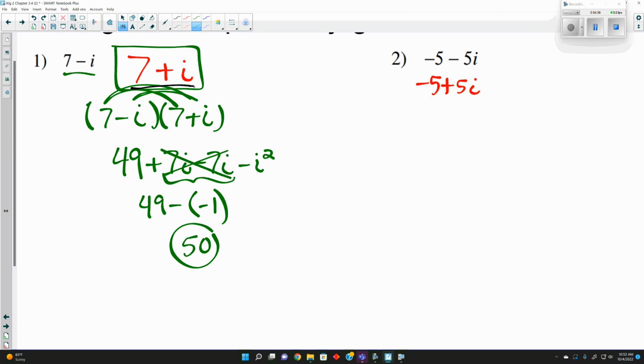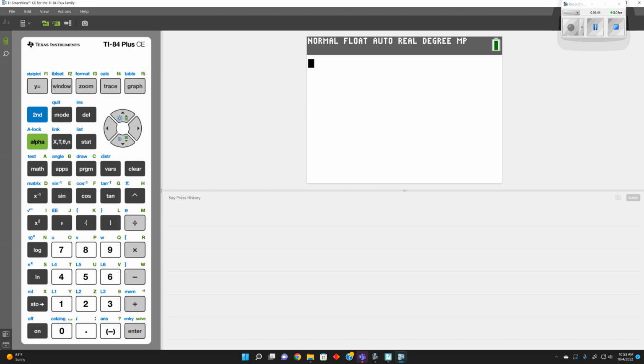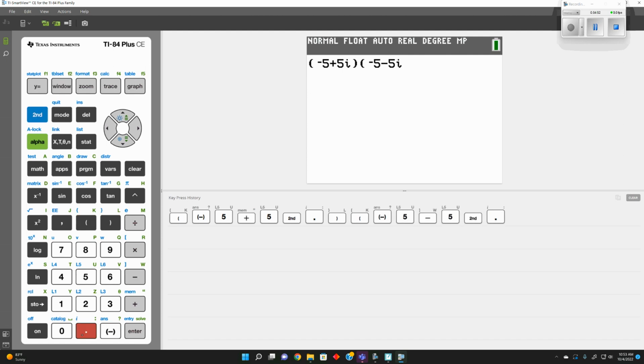And I mean, with negative 5 minus 5i and negative 5 plus 5i, we could type it into the calculator: negative 5 plus 5i times negative 5 minus 5i. Hit enter, and coincidentally enough, we get 50 again.